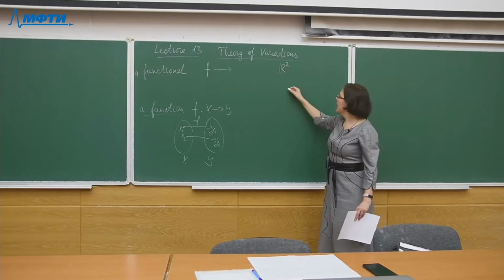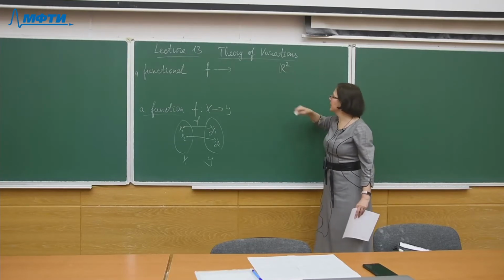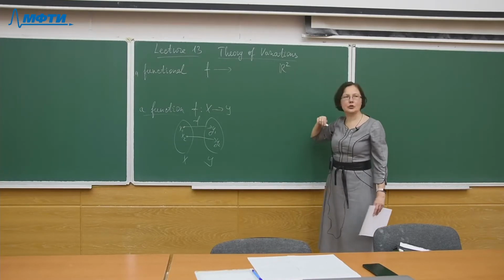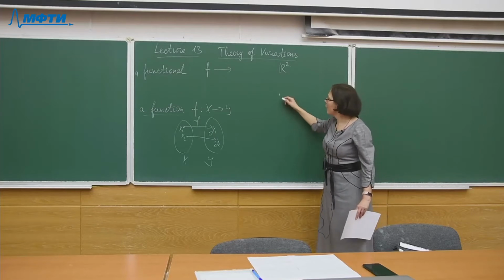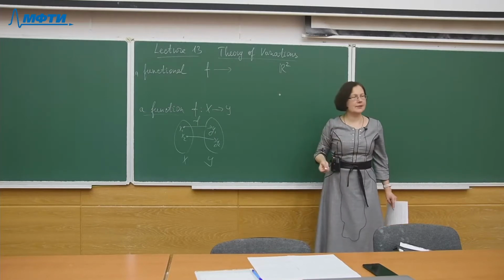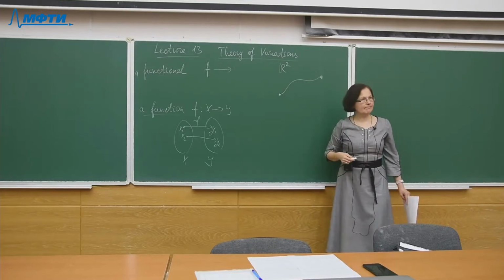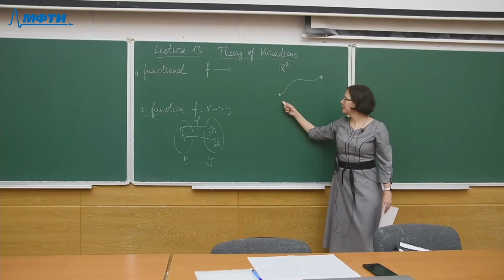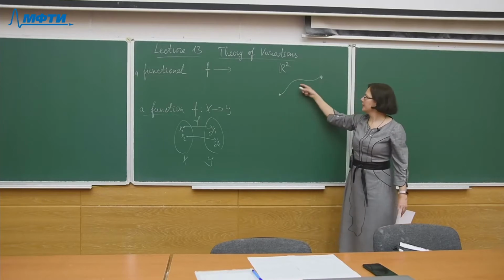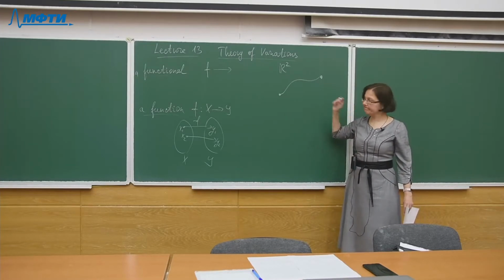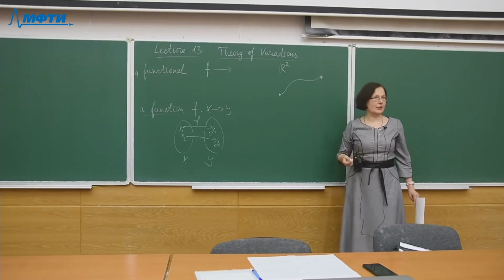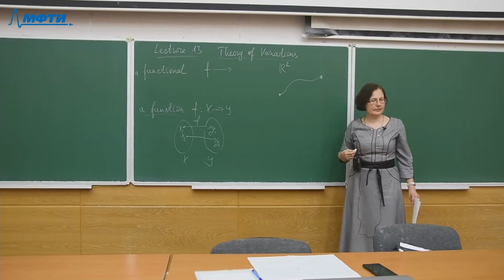But if we consider different objects in R2, if we consider, for example, all the rectifiable curves, let's consider a rectifiable curve, and we can compute the length of this curve, right?